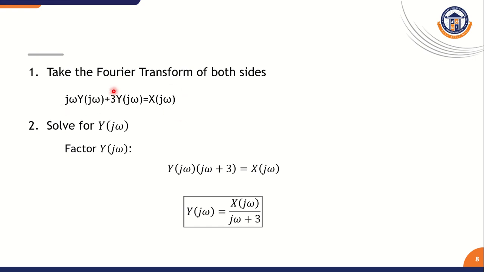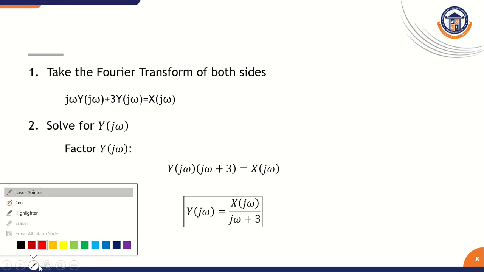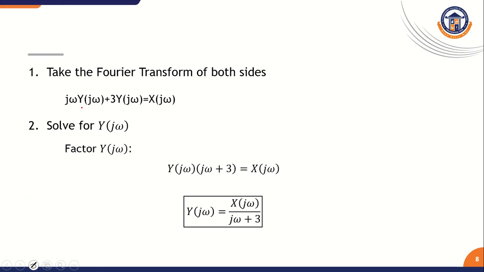From this we can take the common term, that is Y of j omega. After taking the common term, Y of j omega into (j omega plus 3) is equal to capital X of j omega. So from this, what is the frequency response equation?